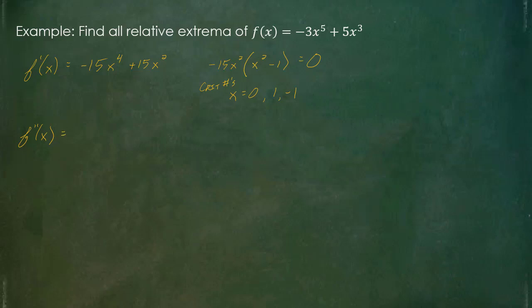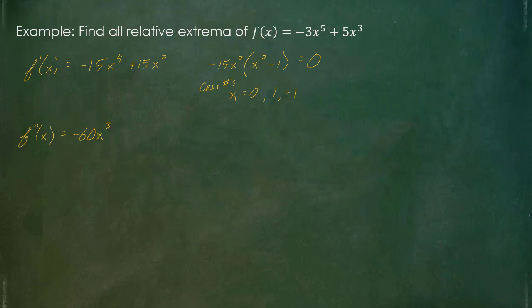And then if it comes back on a concave up interval, then I know it would be a minimum. If it comes back on a concave down interval, then I know it would be a maximum. So let's go ahead and figure out that second derivative, so I have something to actually plug into. The second derivative here looks like 4 times negative 15 would be negative 60x cubed.